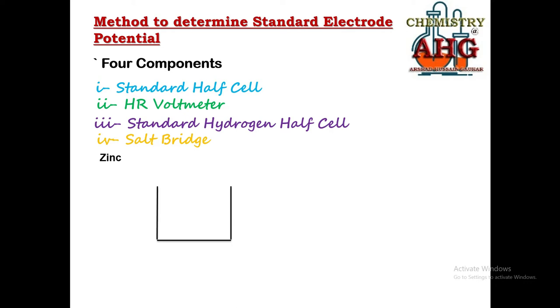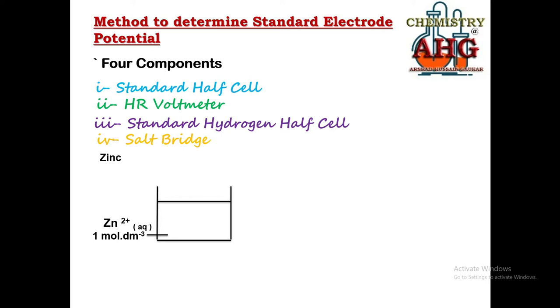So what you can do, you can take 1 mole per dm cube ionic solution of the element whose half cell you want to construct. Right now we want to construct a half cell for the zinc metal. So we will take 1 mole per dm cube of zinc ionic solution. Now to complete this half cell, in this solution we will dip in the electrode of the given element.